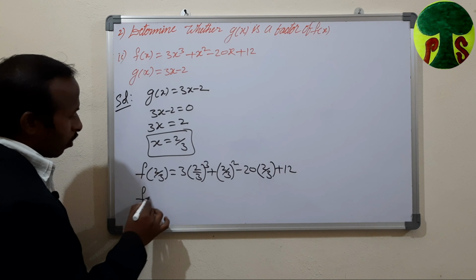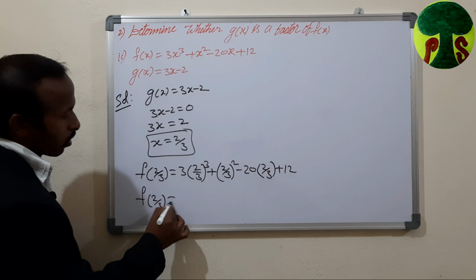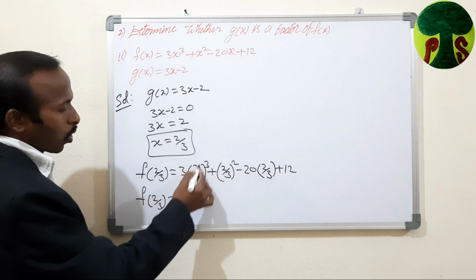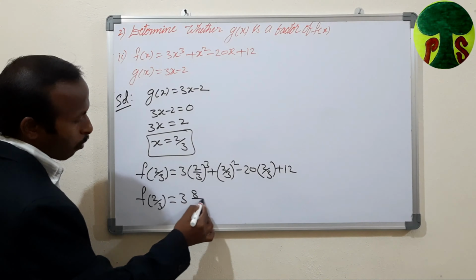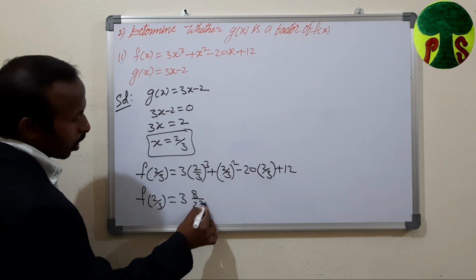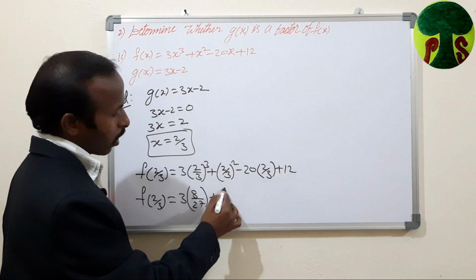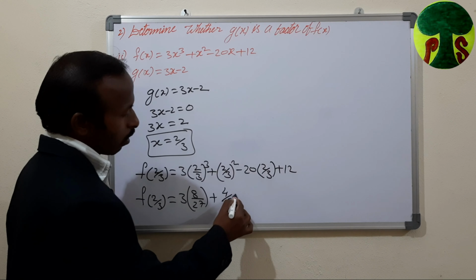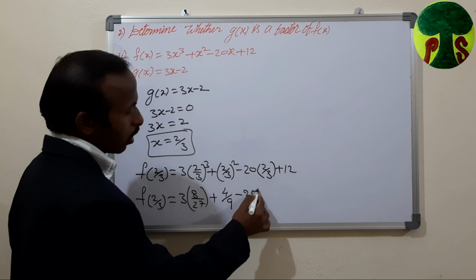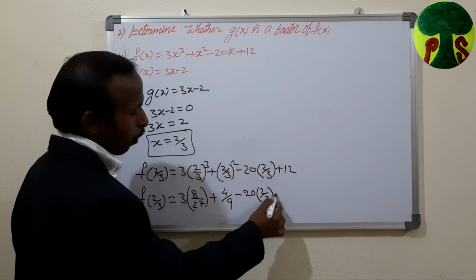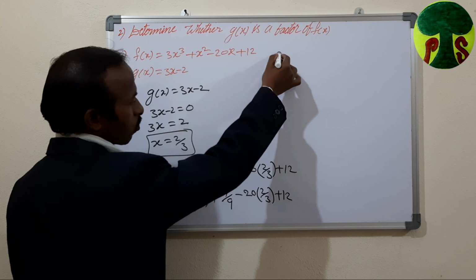Now f of 2 by 3 equals 3 into, 2 cube is 8, by 3 cube is 27, plus (2 by 3) whole square is nothing but 4 by 9, minus 20 into 2 by 3 plus 12. Next step.